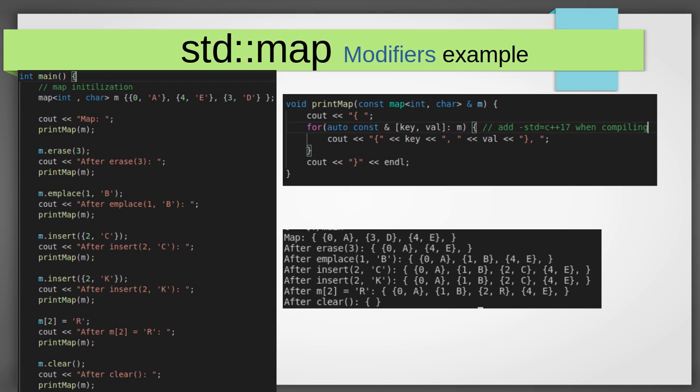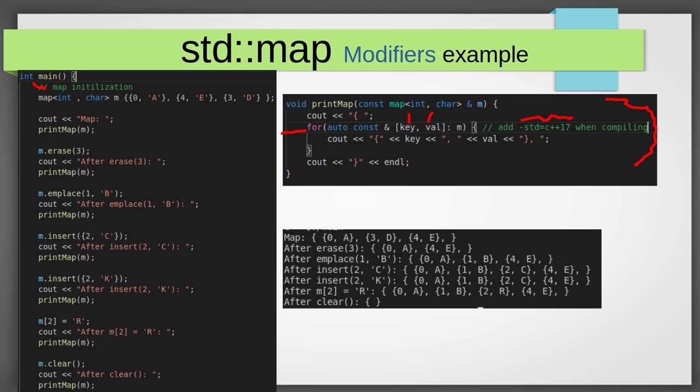Example of modifiers. In this function called print map, I use it to print the map keys and values, and you can iterate over the map items using this method, key and value, but you have to compile your program with std=C++17.